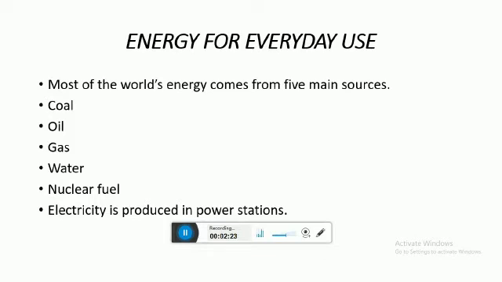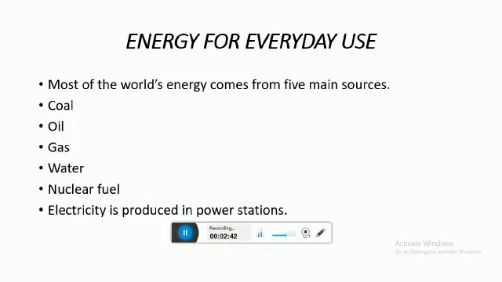And keep in mind, electricity is produced in power stations by using these major sources of energy: coal, oil, and gas. We use these fossil fuels to produce electricity through a thermal power station. But when we use water, we use a hydropower station.